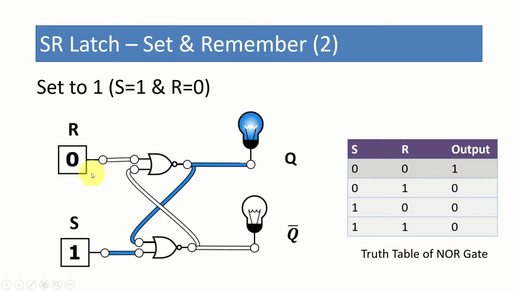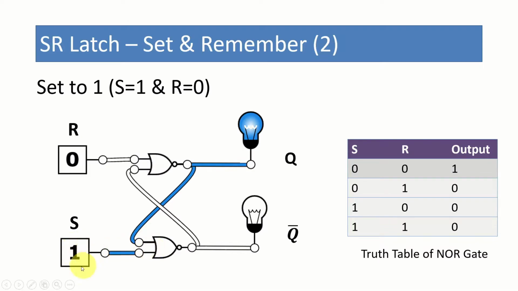Okay, now let's look at what will happen when we provide the input combination S equals 1, R equals 0. So this is the fuzzy area where, when one input is 0, we can't determine the output without knowing the second input. Still, we don't know what the second input is, because that is the output of the other gate.